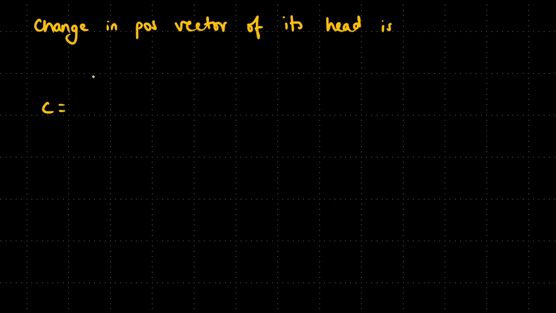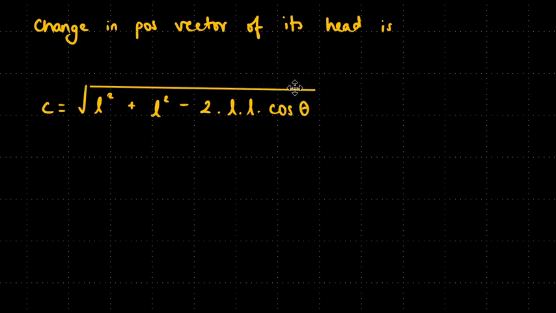It's going to be the square root of L square plus L square minus 2ab cos theta, that is a square plus b square minus 2ab cos theta. Now let's do some calculations.